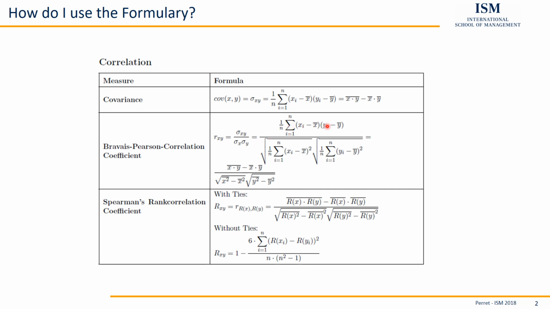So here we have the same formula as before for the covariance. And then it's divided, that's here, the part, the variance of x. Square root of this gives us the standard deviation. And here the variance of y, square root, gives us the standard deviation of y.